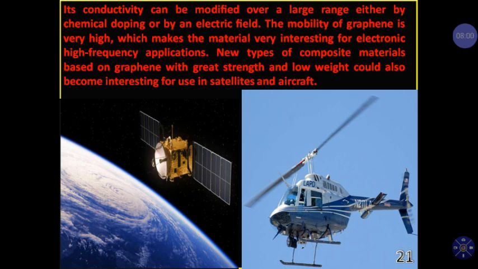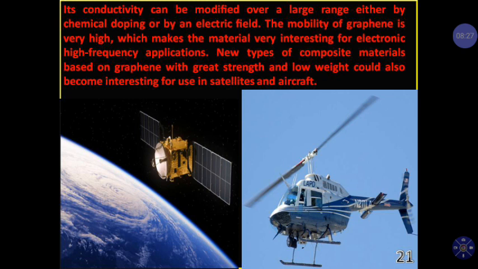Graphene conductivity can be modified largely by chemical doping or by an electric field. Chemical doping means inserting other element into graphene.